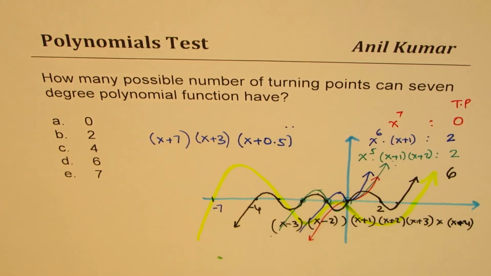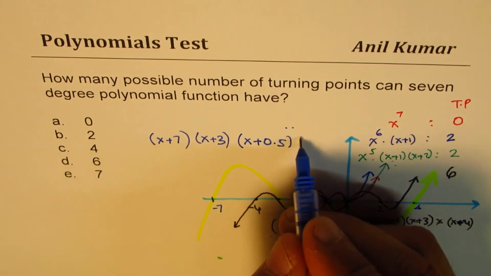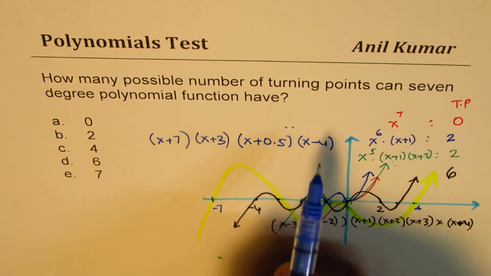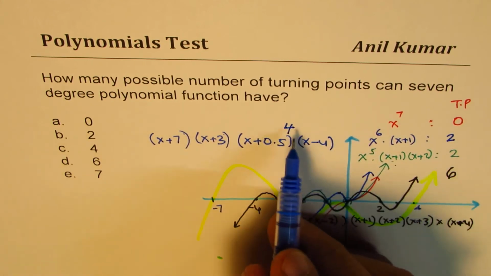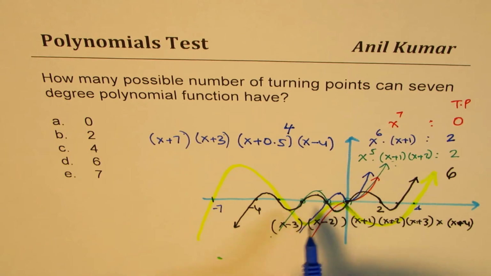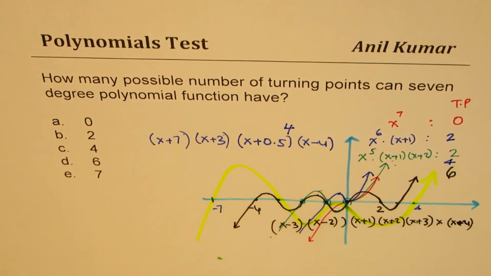We have to decide the degree about it. And then we have one linear, let's say this is at 4, x minus 4. To make it degree 7, 1, 2, 3, we'll write here 4. So that makes degree 7. Now, in this particular equation, we found 4 turning points.